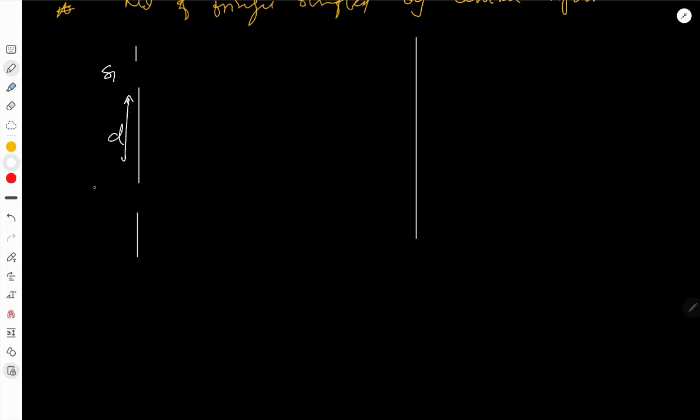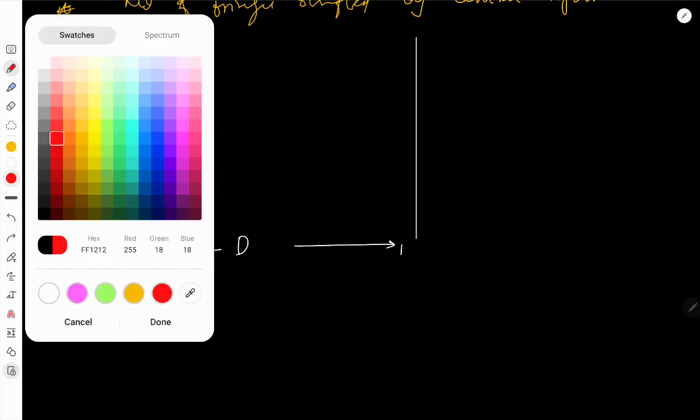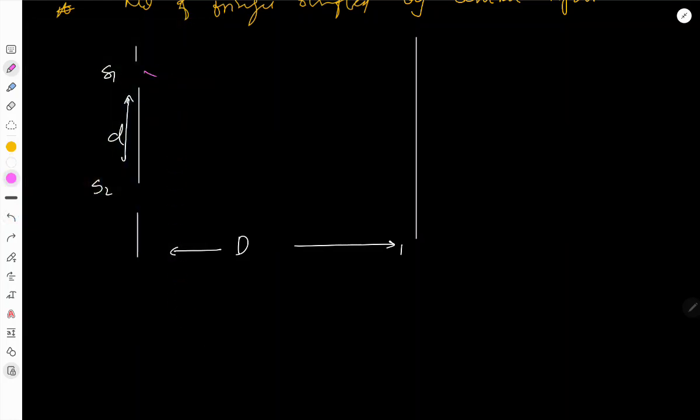This is d, this is S1, this is S2, this is capital D, and there is this block of refractive index mu and thickness t. Earlier, if there had been no block, then the central bright would have been formed over here at its position.